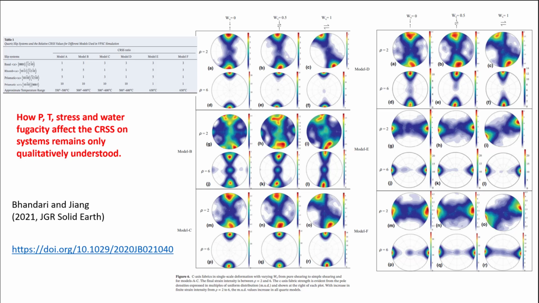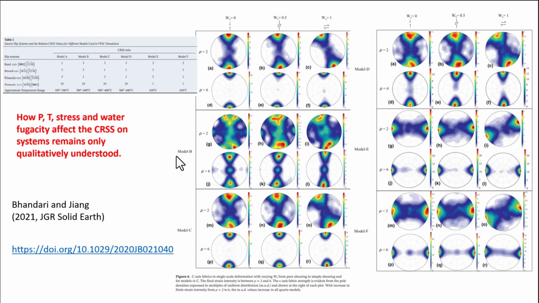We were able to produce all field observed quartz CPOs. We also embedded the VPSC in a multi-scale model to achieve multi-scale modeling. This is pretty much the current status of CPO modeling for quartz.